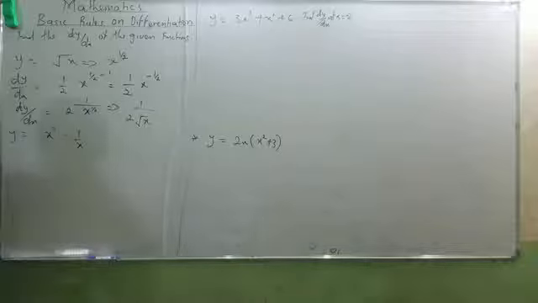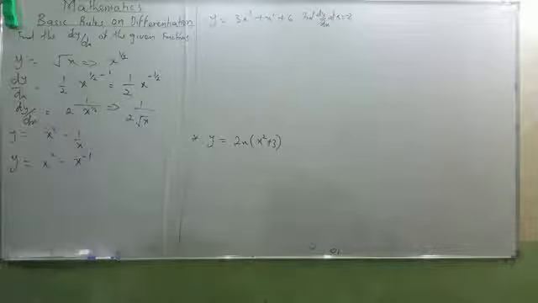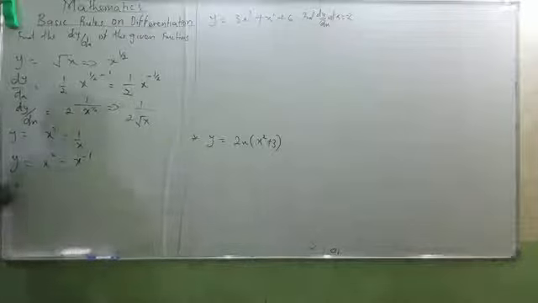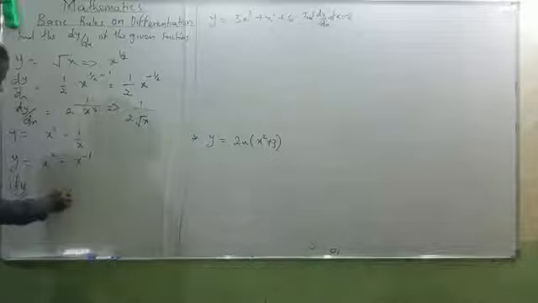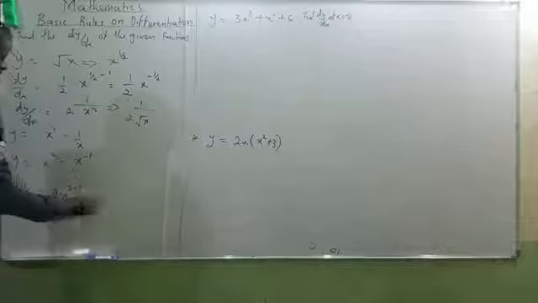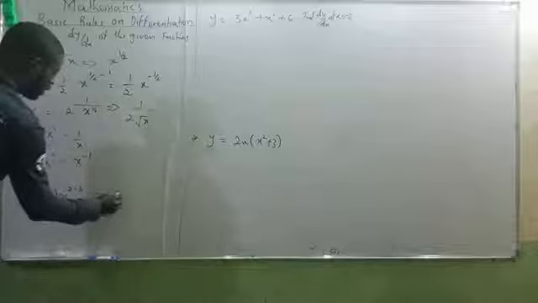Now, look at this. y can also be written as x squared minus x raised to the power minus 1. Take note of this. Don't forget the techniques. This is polynomial, so dy/dx will be equal to 2x to the power 2 minus 1, minus minus 1. I bring down the power, x raised to the power minus 1 minus 1.